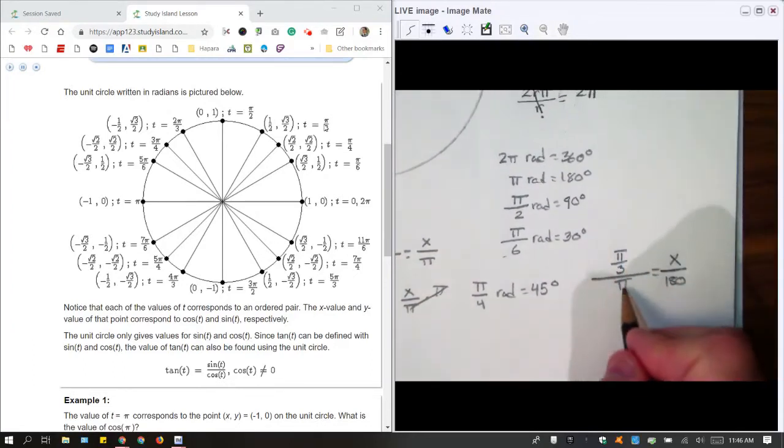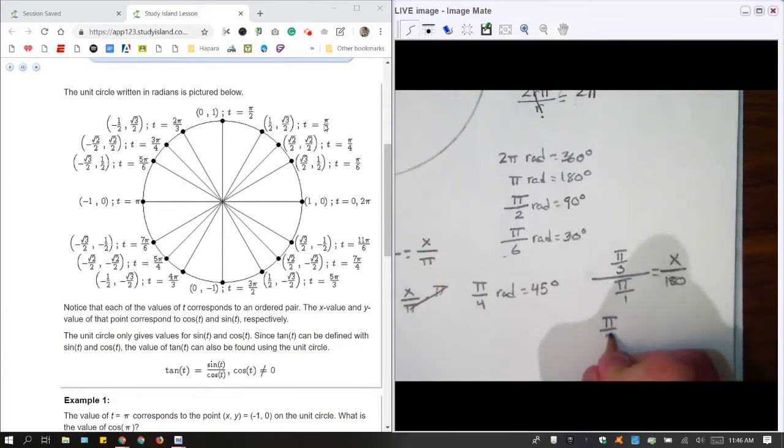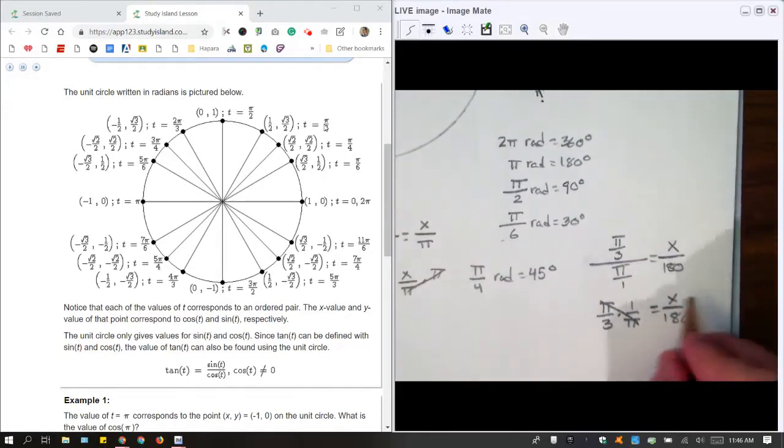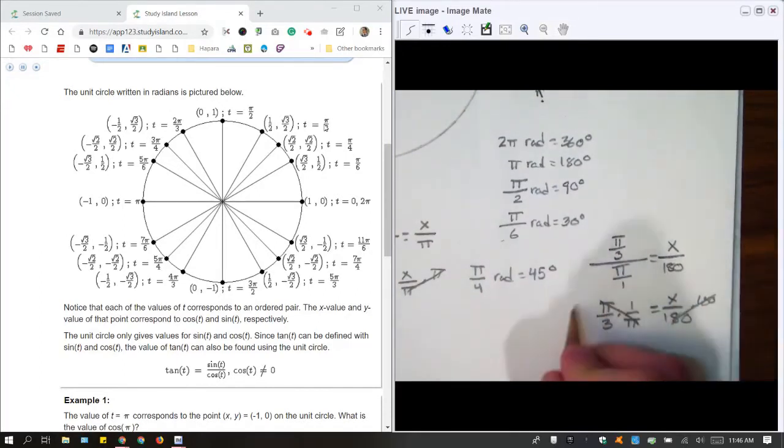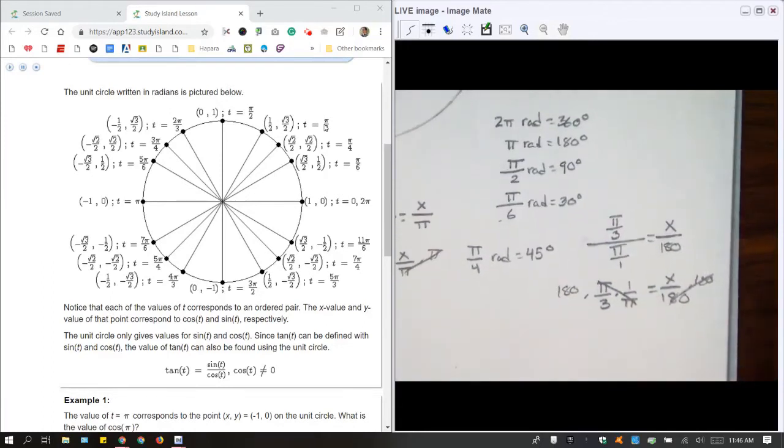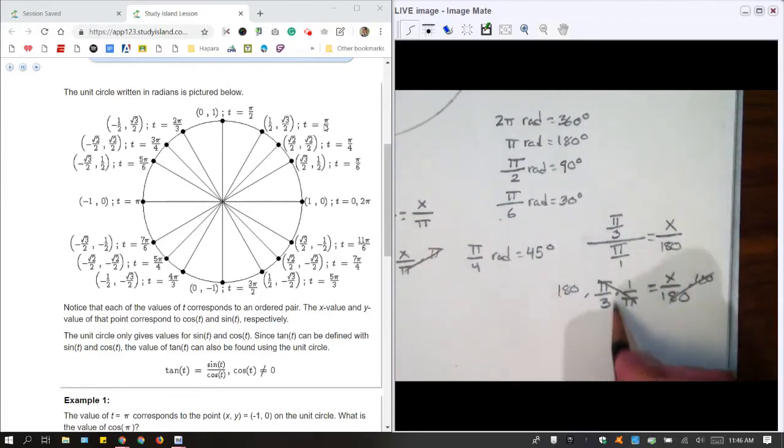So pi over 3 divided by pi over 1 is the same as pi over 3 times 1 over pi, which cancels out. So that's equal to x over 180. So now you have 1/3 equals x over 180, and then you multiply by 180 on both sides. We're just solving proportions here. This is basic 7th grade math at this point. 180 times 1 divided by 3 is 60. So you have 60 equals x.